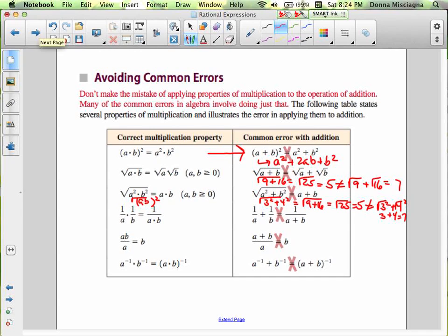If we have a product and we're multiplying two fractions, we multiply the numerators and we multiply the denominators. That is true. However, 1 over a plus 1 over b is not 1 over a plus b. We need like denominators to add.